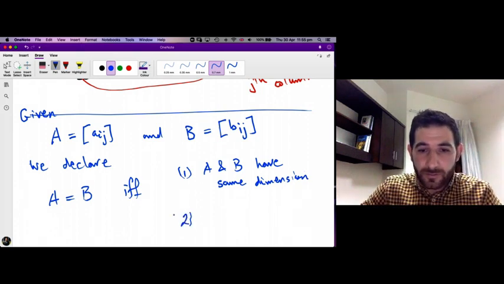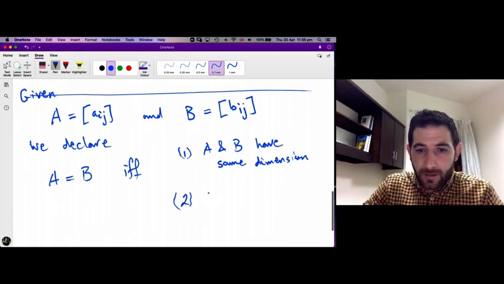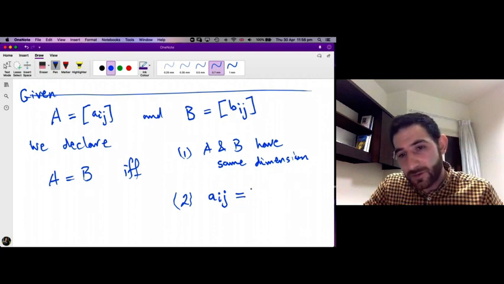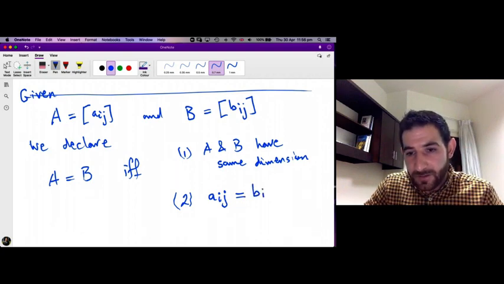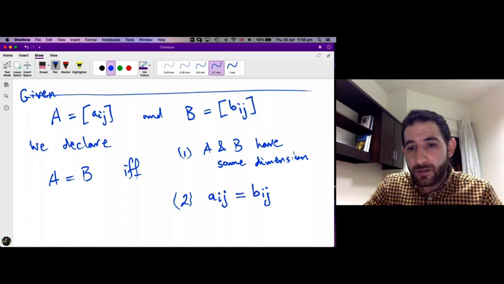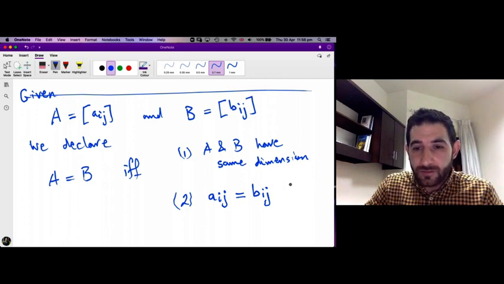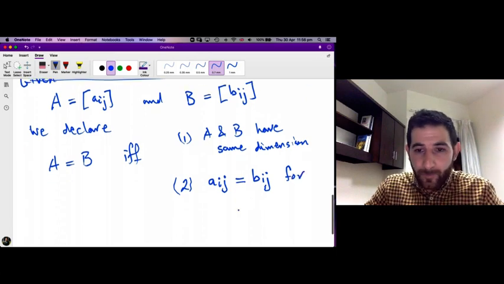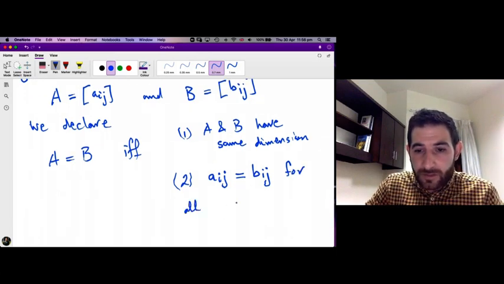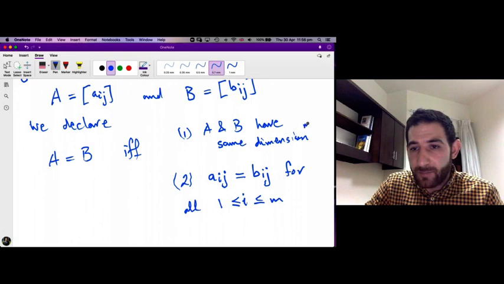So the entry in the ith row and the jth column in the matrix A is equal to the corresponding entry in B, which is Bij, for all i and j. Here i ranges from 1 to m, say both have the same dimension m by n, so we have m rows and n columns.